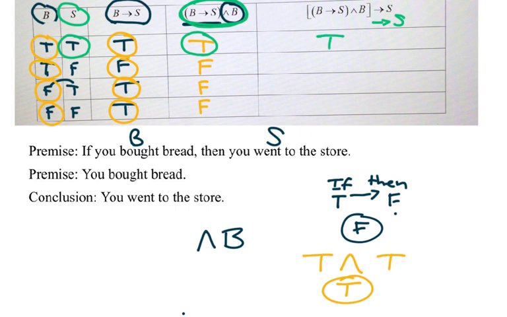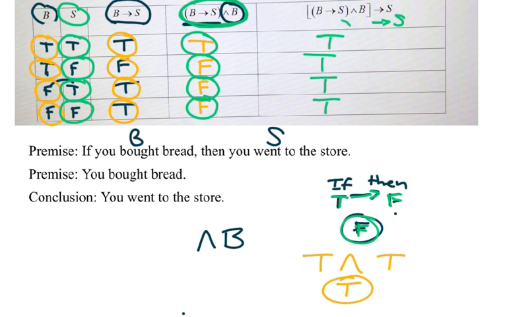In this situation here, true arrow F, we're going to get that F. So now we're going F to F. That's also true. F to T. Since the F came first and then the T, that's also true. F to F is also true.